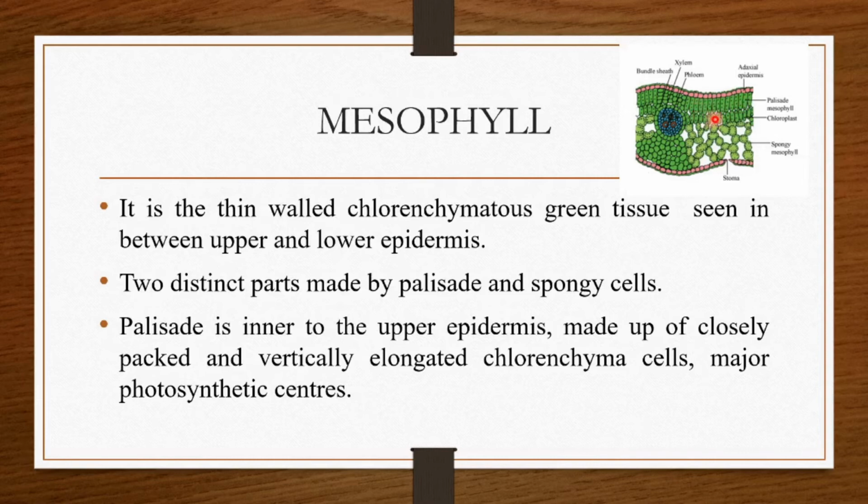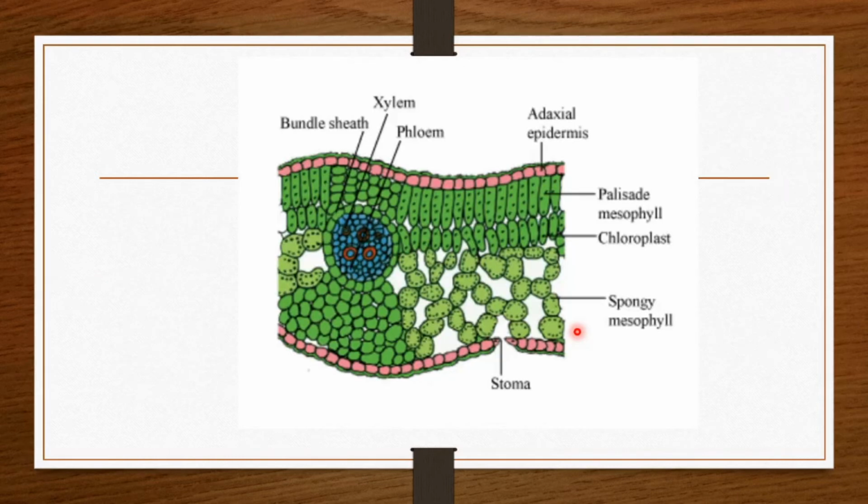So these palisade cells are especially for the photosynthetic function, with numerous chloroplasts present in the palisade cells. Here you can see the palisade mesophyll cells next to the upper epidermis, and they are closely packed and vertically elongated cells with numerous chlorenchyma.